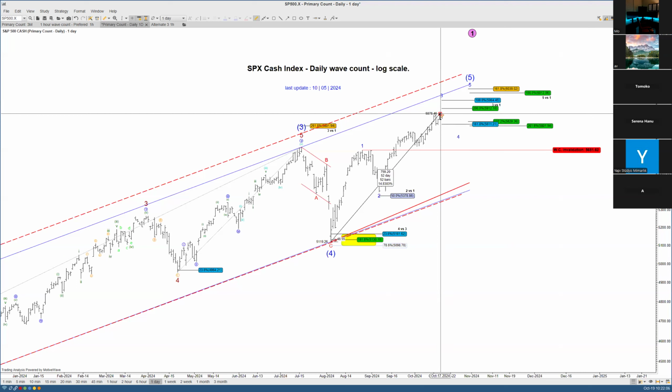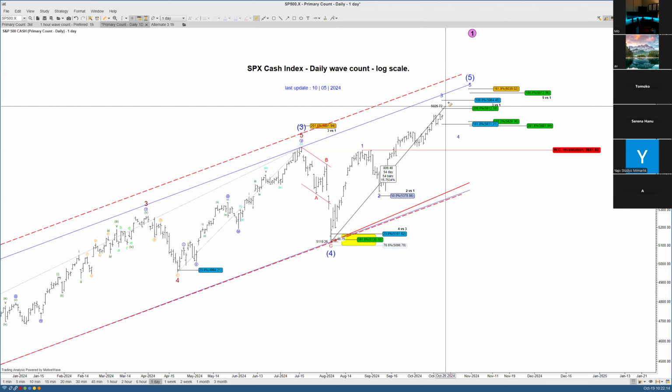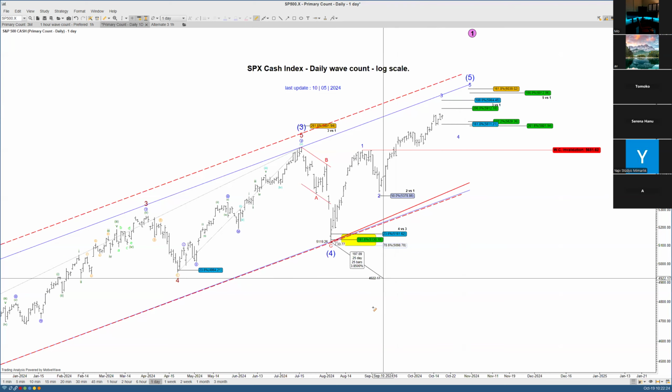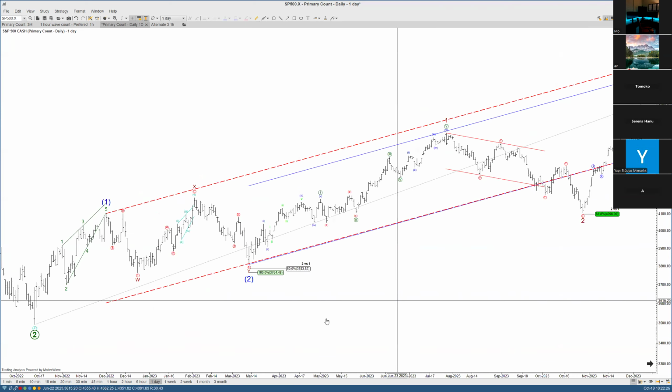We're not even at a measured move to wave 1. The equal distance is right there, right around 100%. Actually, what was that number? Forgot.